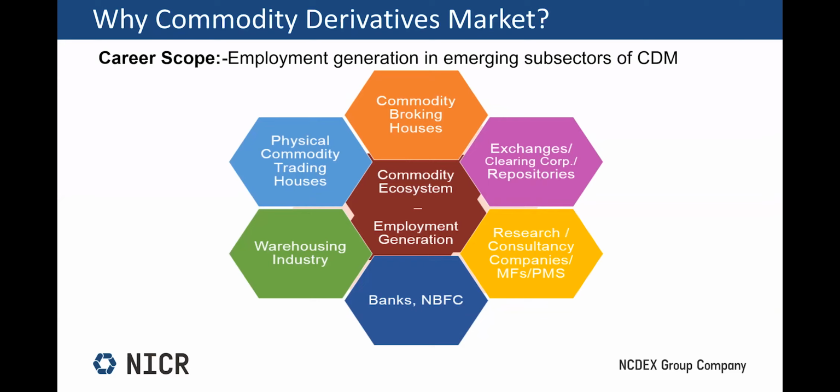We have research and consulting companies, we have the financial intermediaries, and there are storage and warehousing industries. There are physical commodity trading houses and the commodity brokering houses who are engaged with exchanges to allow trading by individual clients.